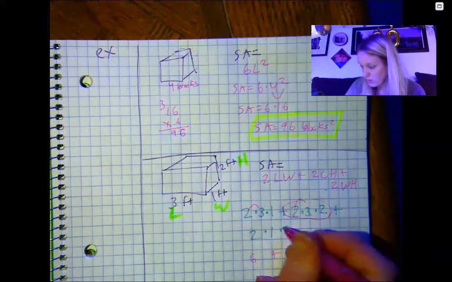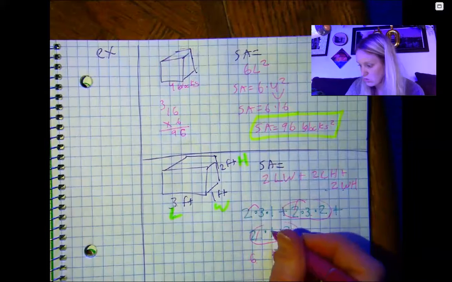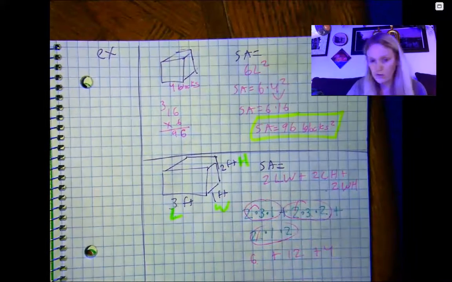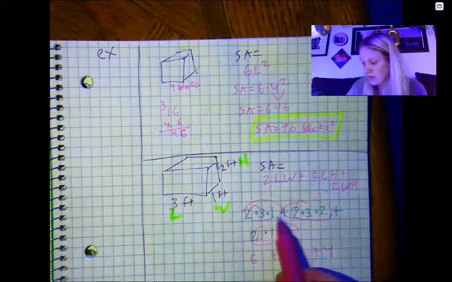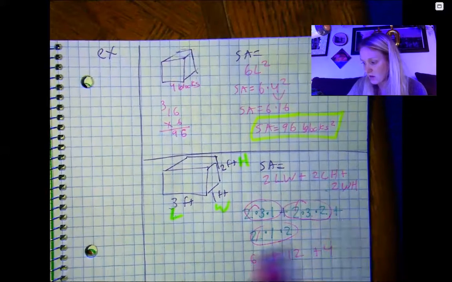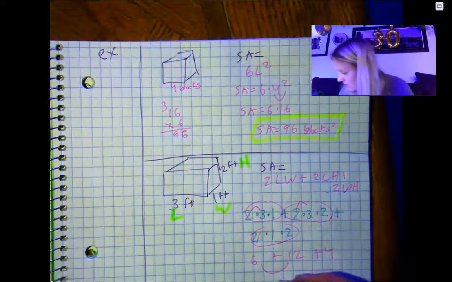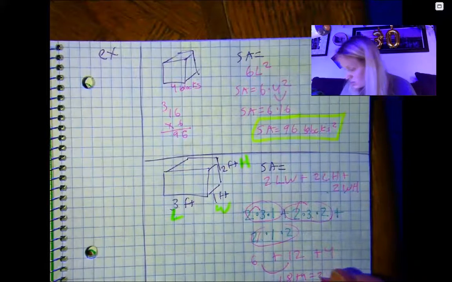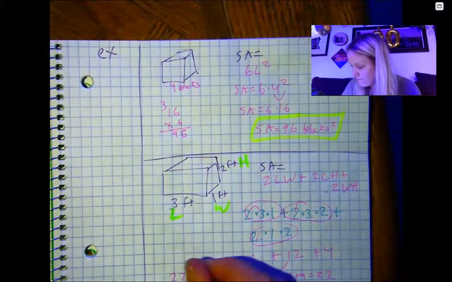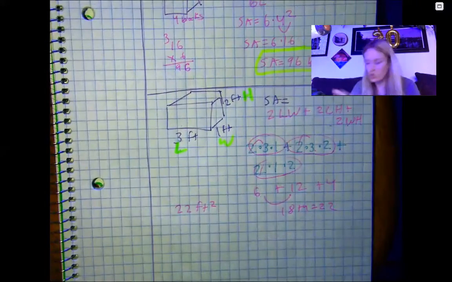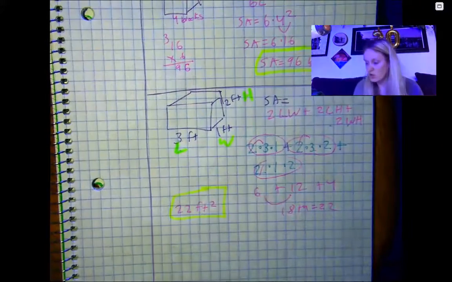Plus, then I do multiplication next. 2 times 1 is 2. 2 times 2 is 4. So you see I followed the order of operations. I multiplied, I skipped the adding. Now I add them all together: 6 plus 12 is 18. And then 18 plus 4 is 22. So 22 feet squared, because we are in 2 dimensions.